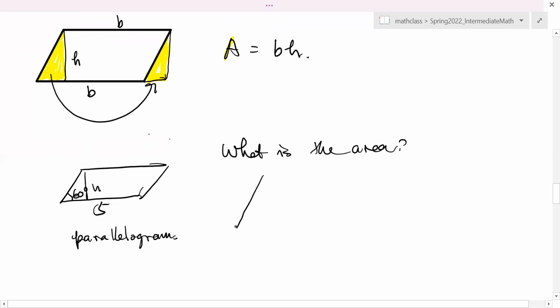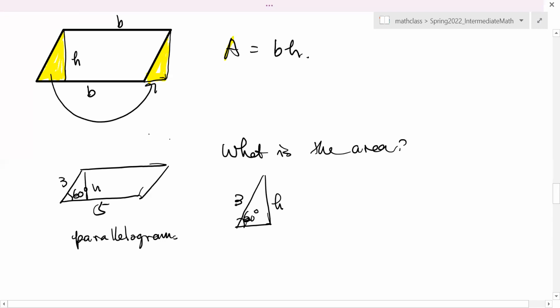Okay, so this is a triangle. We don't know the information yet, so I need to put a 3 here. So it's 3. I know the length of each side, but without further information, I cannot find the area. So I'm given the angle also. If you're given the angle, this becomes a special triangle, and this is h.